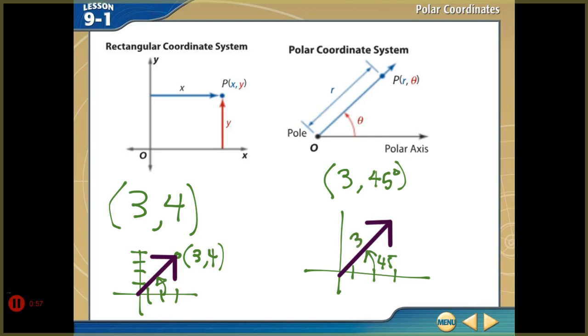We could try to convert back and forth between these. To get to this point in terms of over and up, we could use our trigonometry values to find the x component and the y component, and then we could convert back and forth. We'll do that in a later part. But that's the key idea here: instead of going horizontal and vertical, we go a specified distance and then rotate an angle.